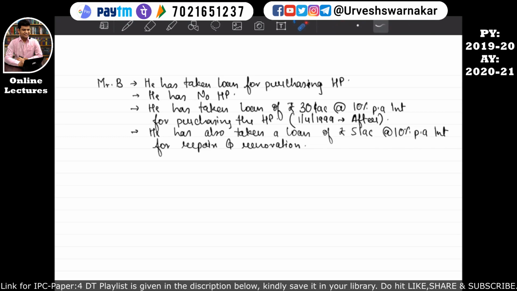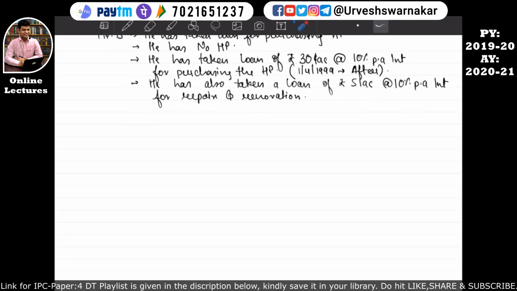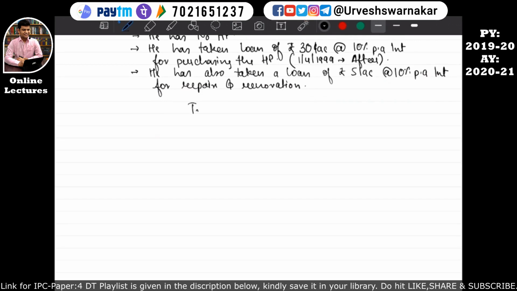And the last point says that he has also taken a loan of rupees 5 lakh at the rate of 10% per annum interest for repairs and renovation. So that means the total interest on loan, Mr. B will pay in the following manner. He has taken two loans.